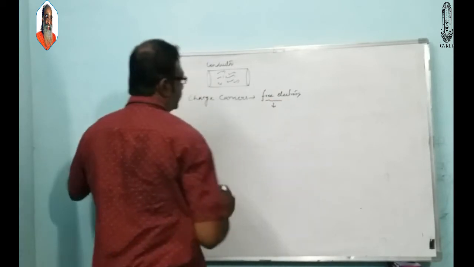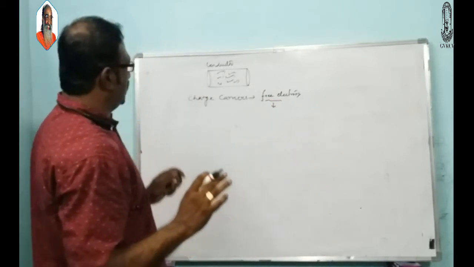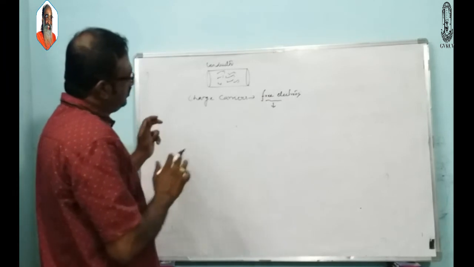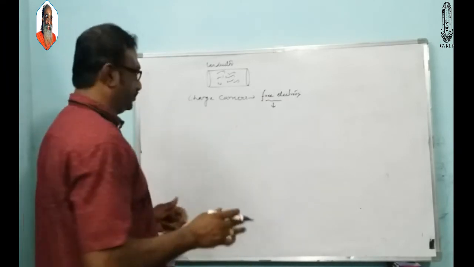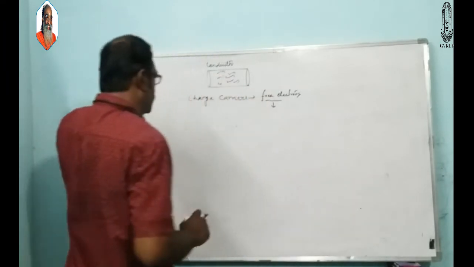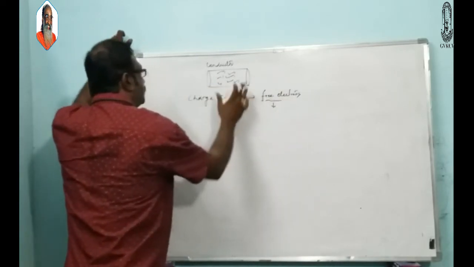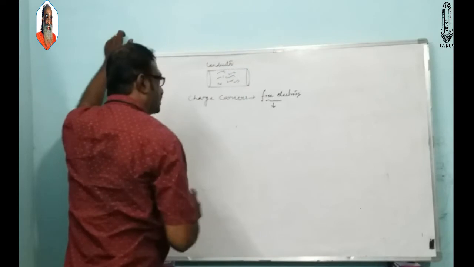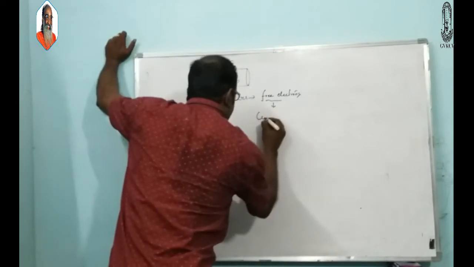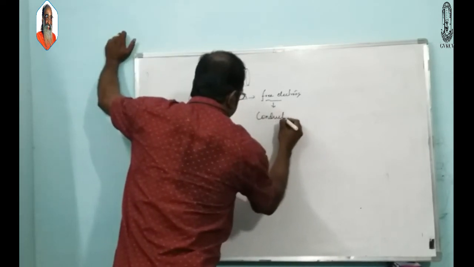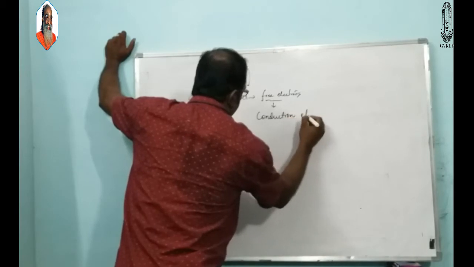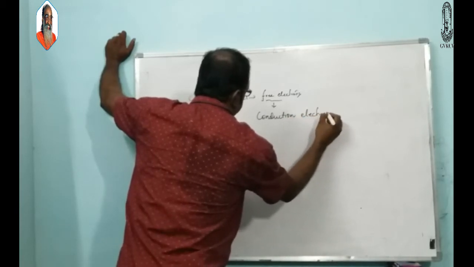These are the electrons which do not belong to any particular atom. Those are called free electrons. These free electrons are responsible for the flow of charges in a conductor, so that's why we can call them the conduction electrons.